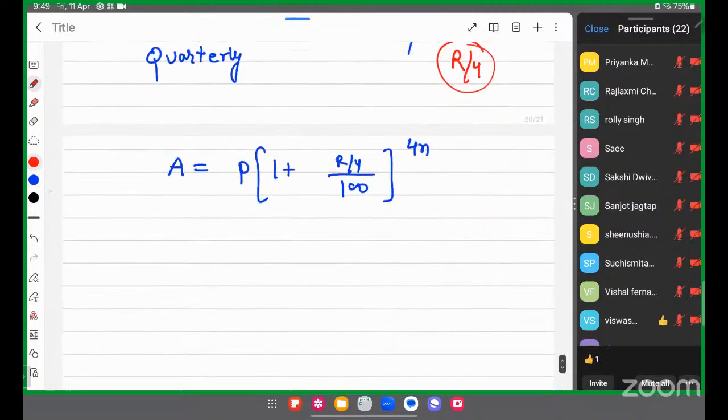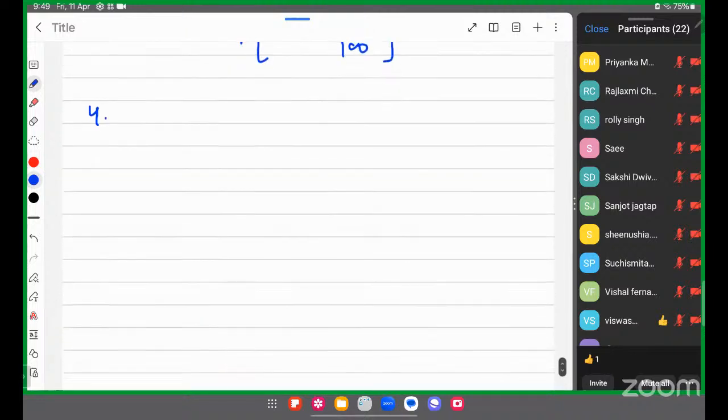Okay. After third, we have fourth point, which is when interest is compounded annually, but time is in fraction, say 3 and 2 by 5 years.